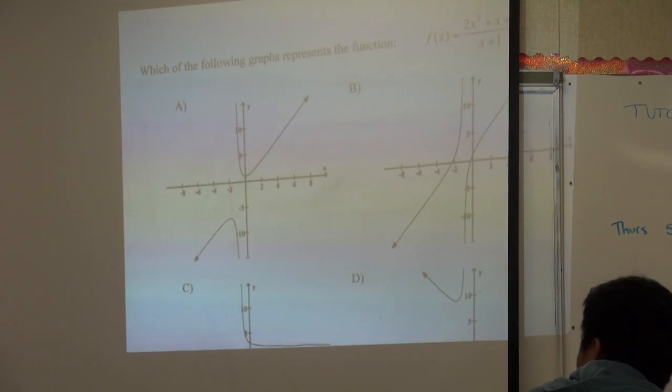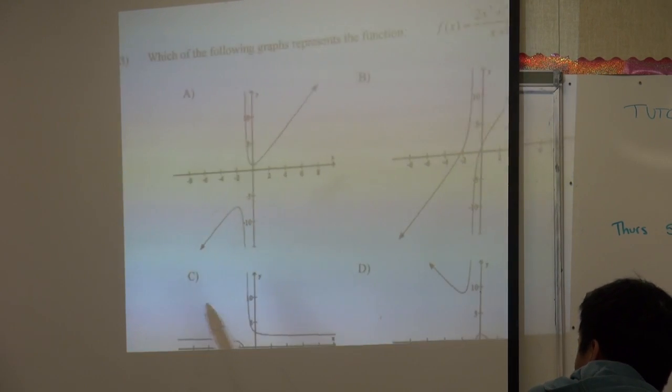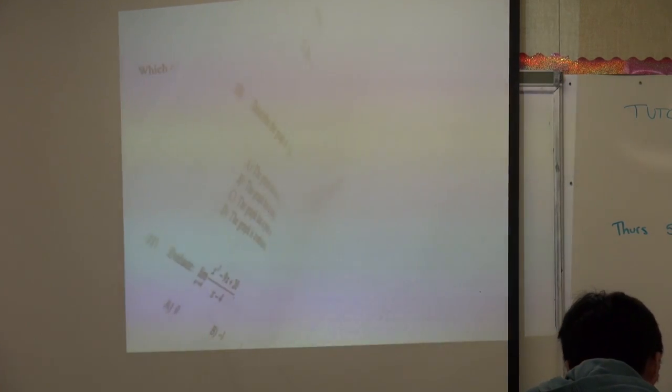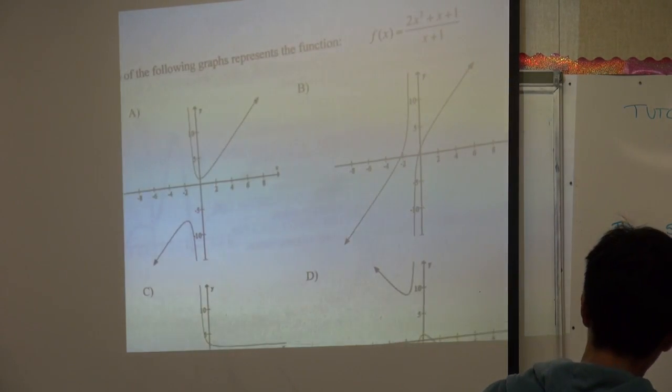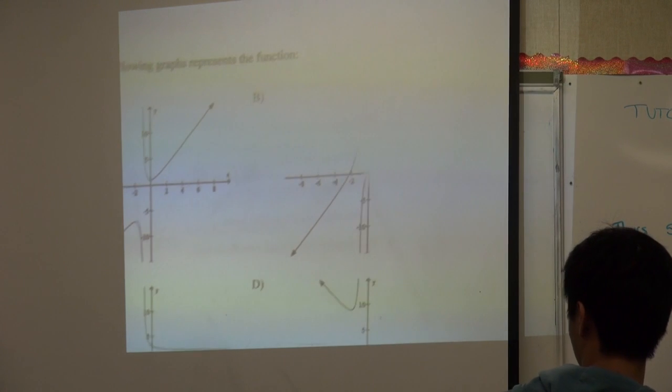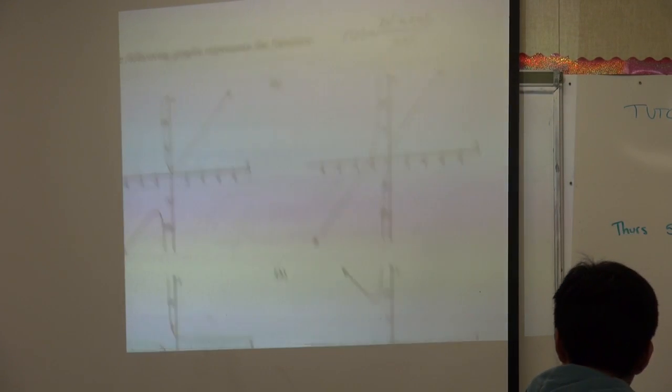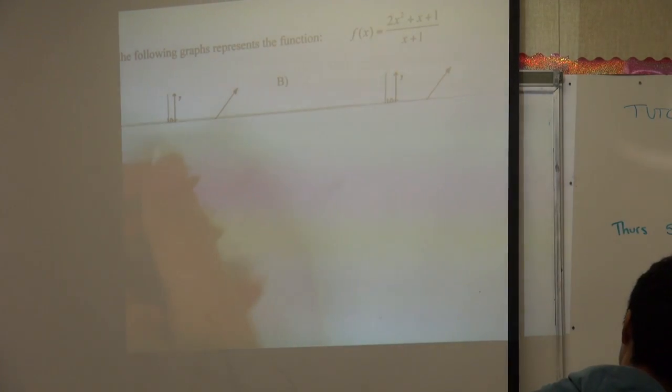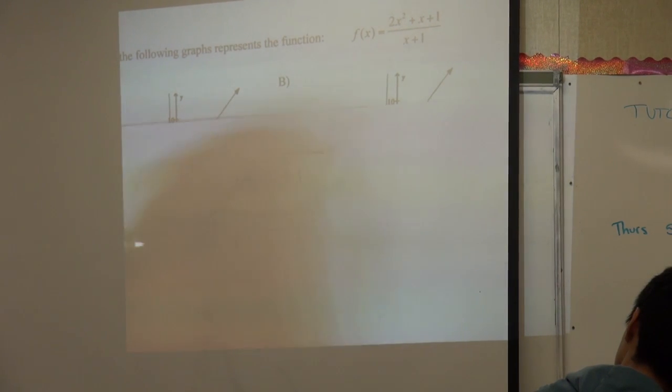And the way that you find your slant asymptote is using long division. And so you would start doing long division here.